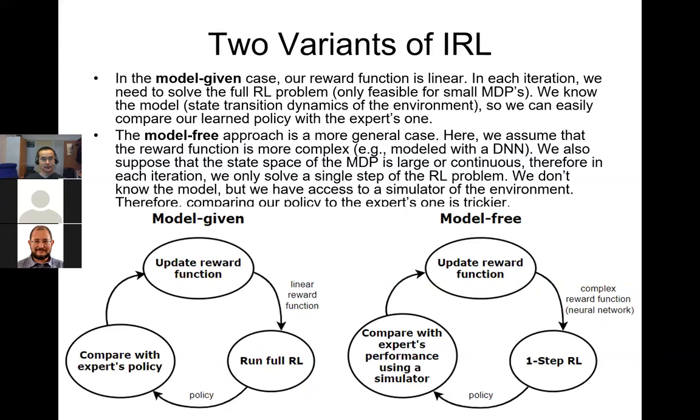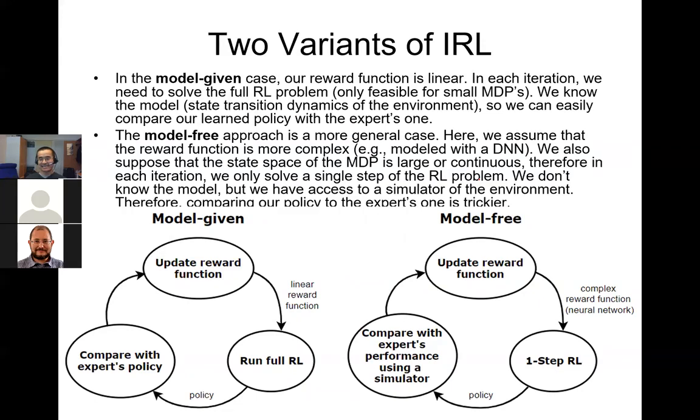We know the model, which is the state transition dynamics of the environment, so we can easily compare our learned policy with the expert's one. For model-free, we assume the reward function is more complex, could be a DNN. We also suppose that the state space of the MDP is large or continuous.